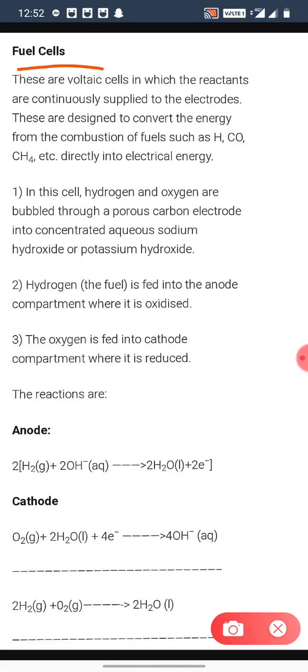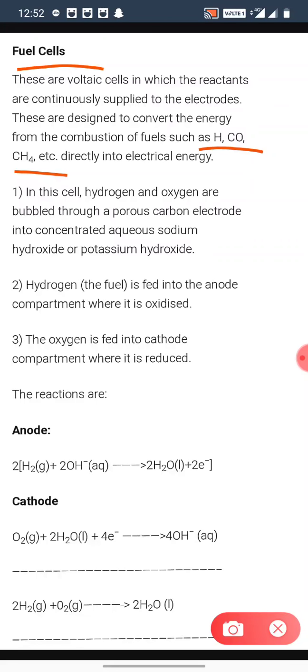The supply of energy via a fuel cell is tremendous, and in this the reactants that can be used are hydrogen, carbon monoxide and methane, etc. And here a question comes to my mind which was asked in your board examination: apart from hydrogen, what are the other reactants that can be used in fuel cells? So the answer is mentioned in front of you. The answer is carbon monoxide or methane.